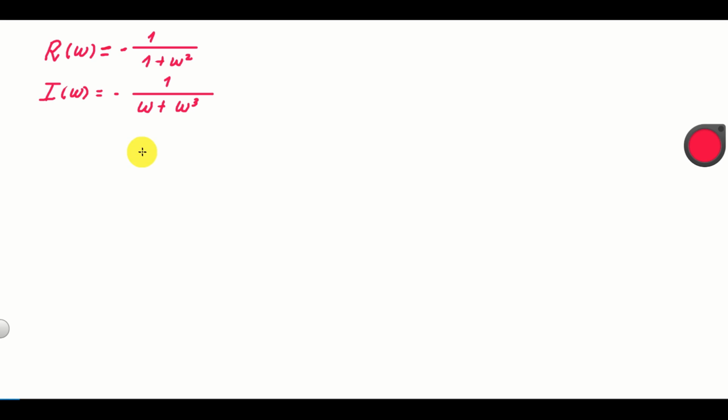Here's the main strategy for sketching the Nyquist plot. First of all, we are going to sketch the Nyquist plot by varying omega in the interval from 0 plus to plus infinity.